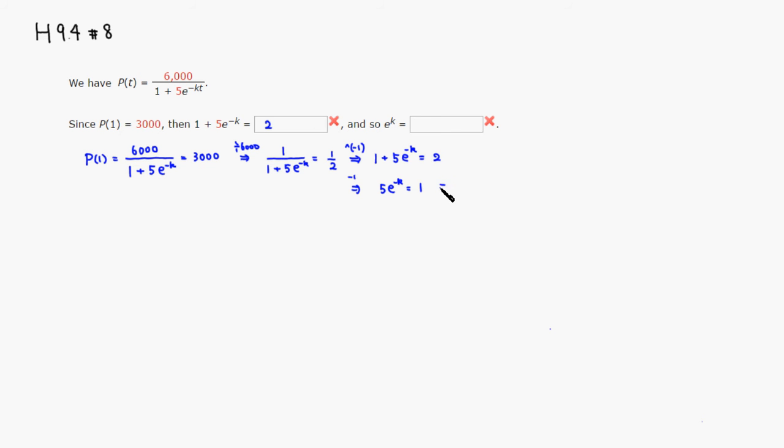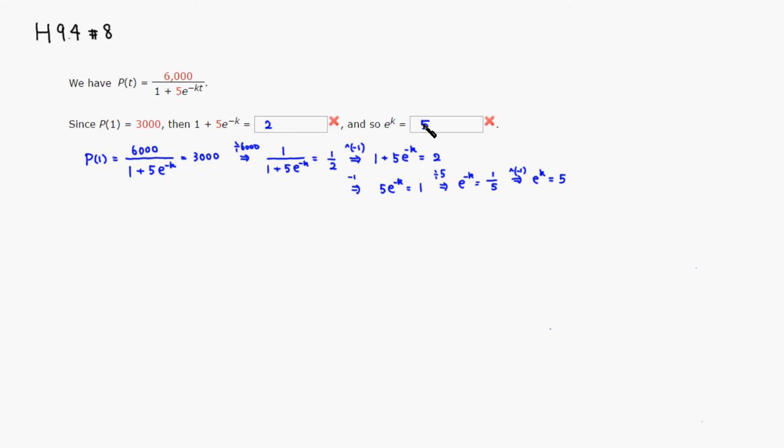Then divide through by 5 to get e to the negative k equal to 1 over 5. Then take the reciprocal of both sides, so e to the k is equal to 5. So this is 5.